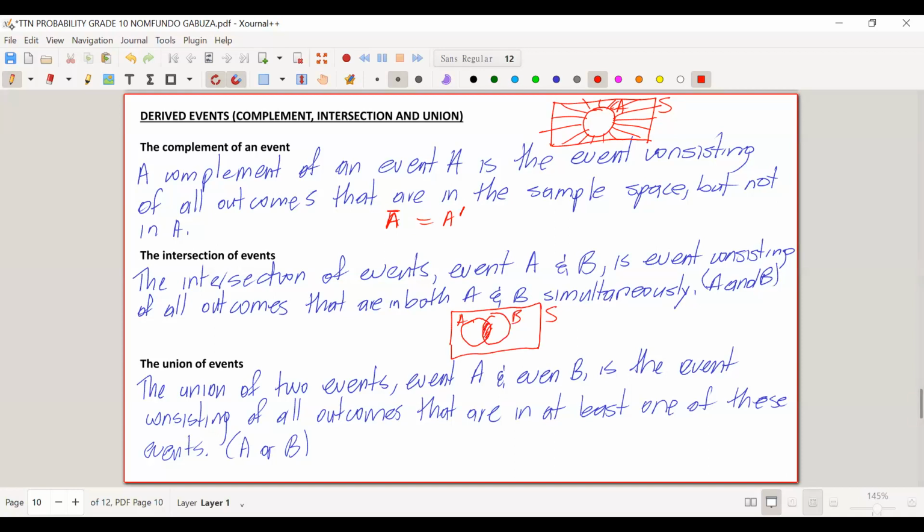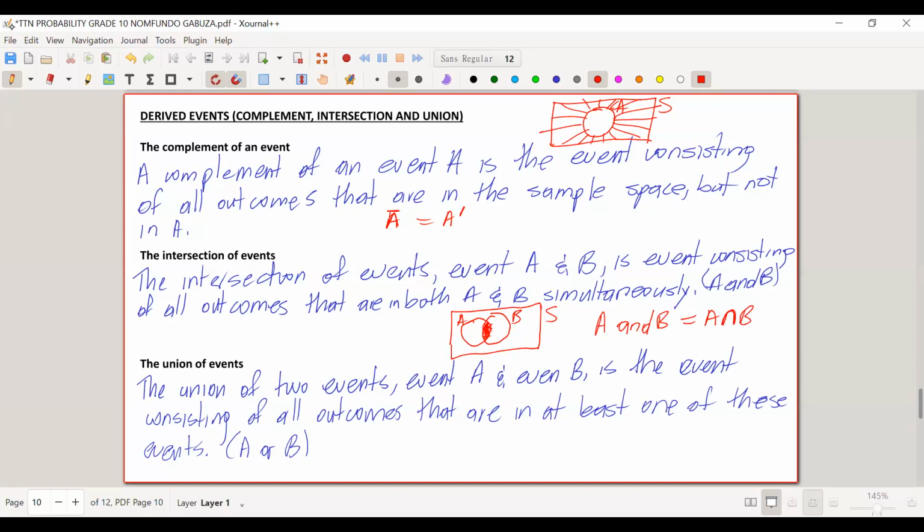Is where they intersect. So we normally write A and B, or we normally write A intersects B.